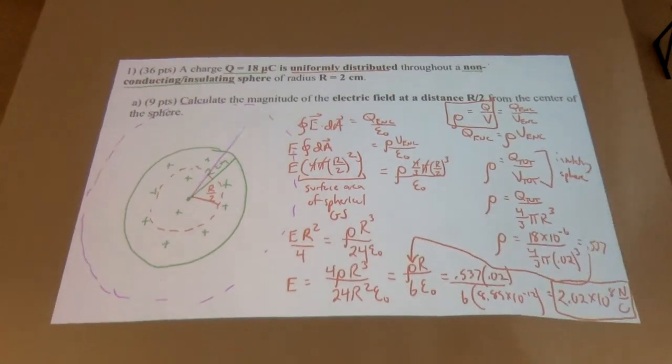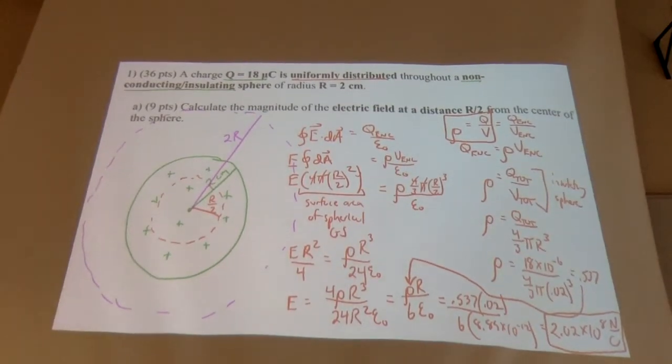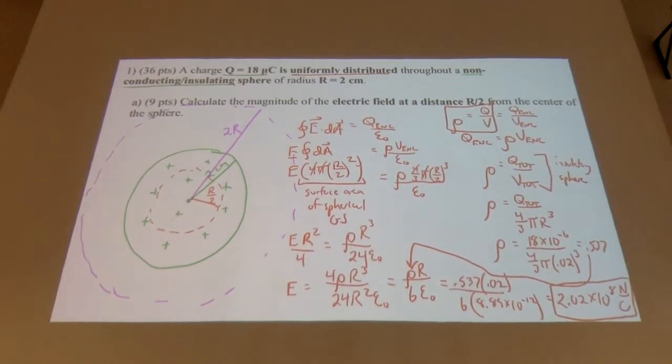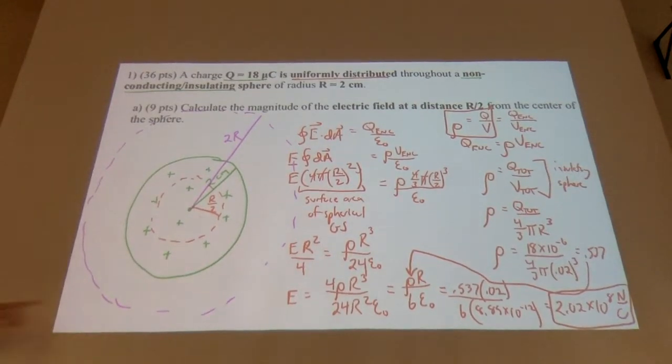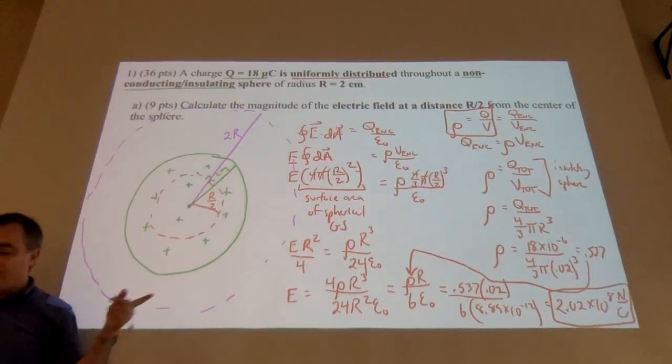Okay, a distance of 2r away from the middle. Now if I ask the question, how much charge is enclosed by the pink line? All of it, right?